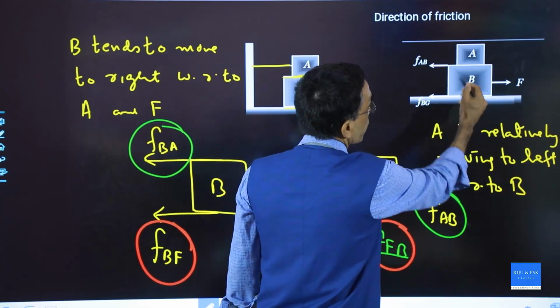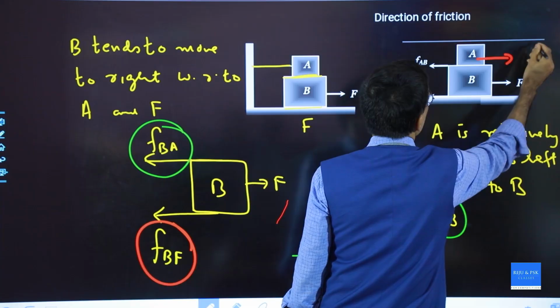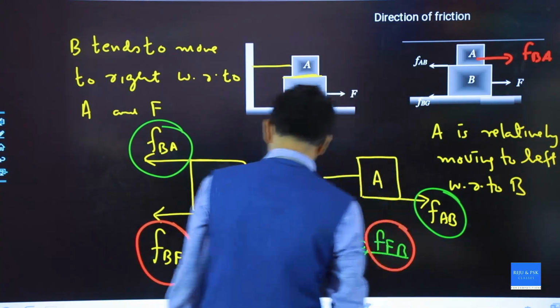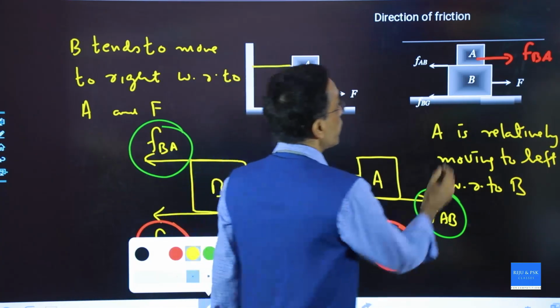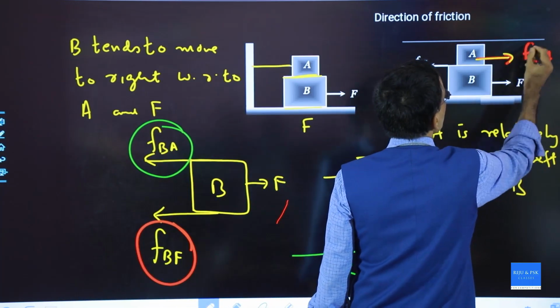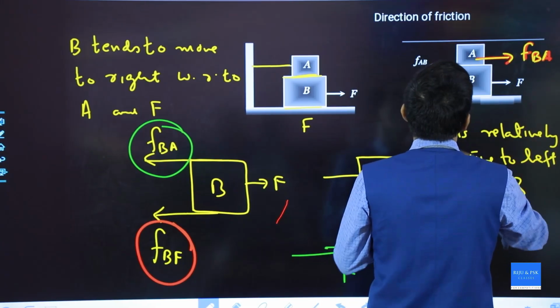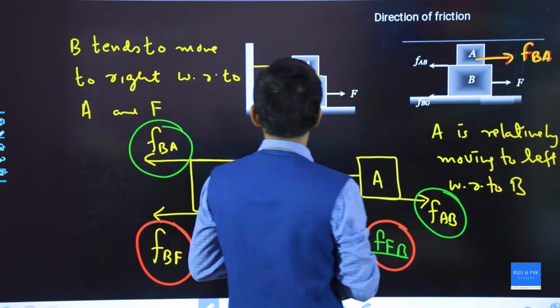Okay, we are marking only force on B. We can mark force on A in this direction, and that must be equal to the pair of this one, FBA. I think this red color is not a charming color for the board. So this is the frictional force on B due to A. A due to, it's a printing mistake.